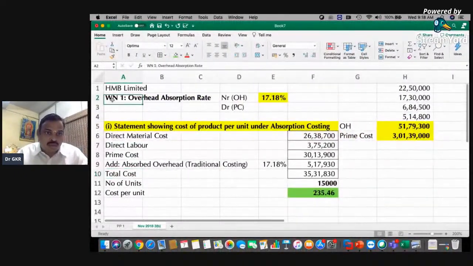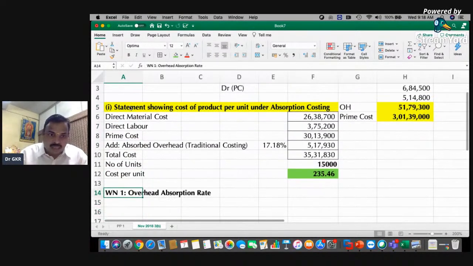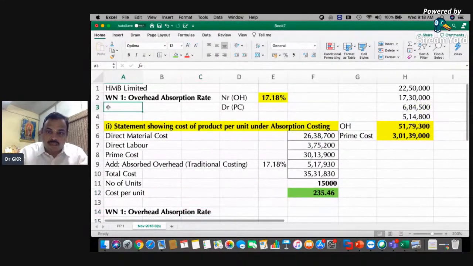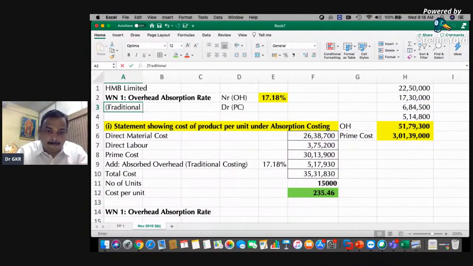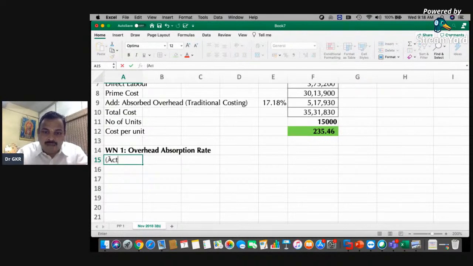Very similar to the overhead absorption rate under traditional costing. Now I am going to find the overhead absorption rate under activity based costing.